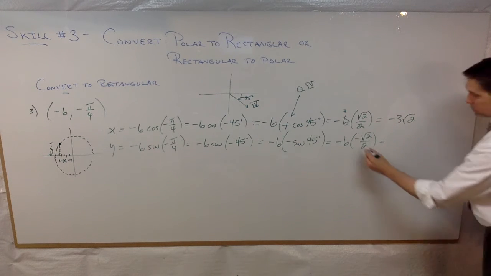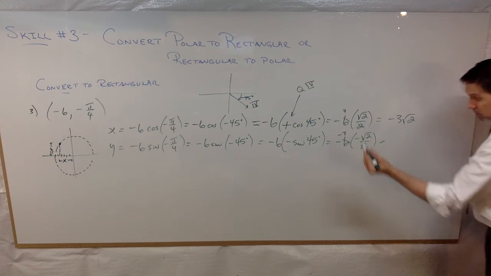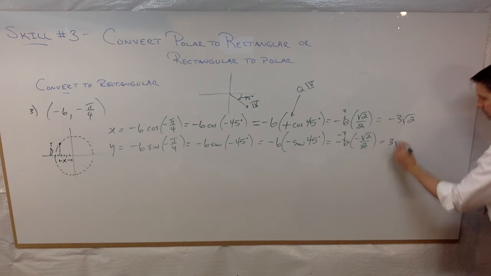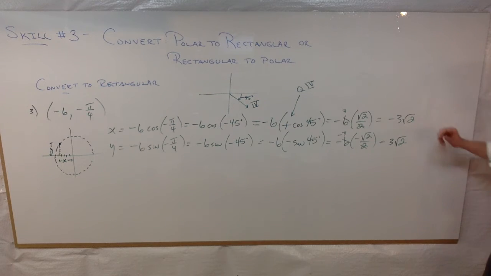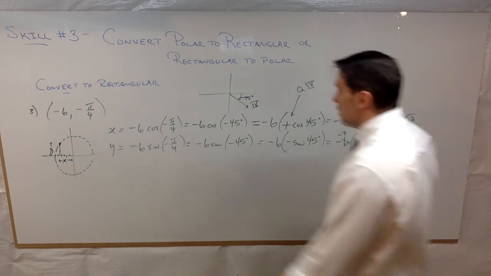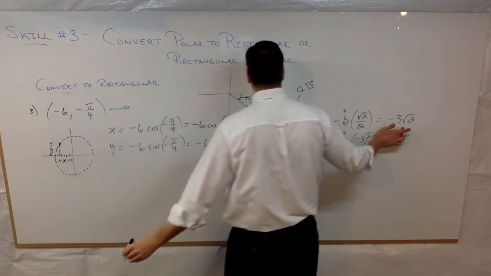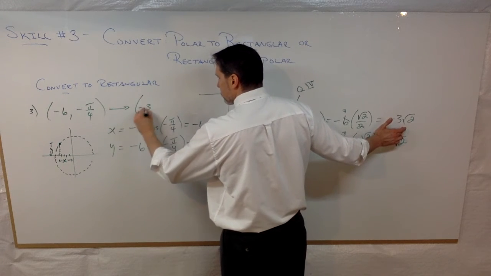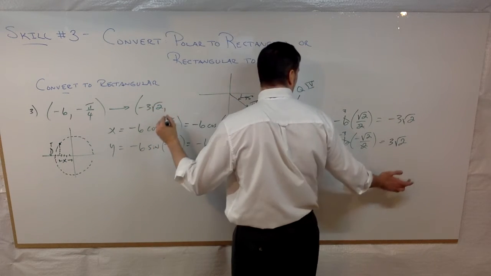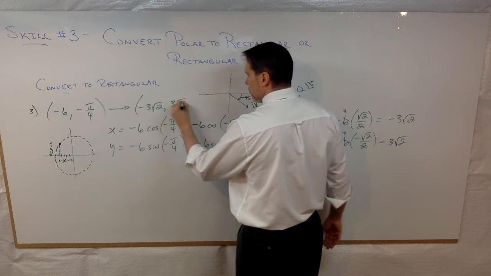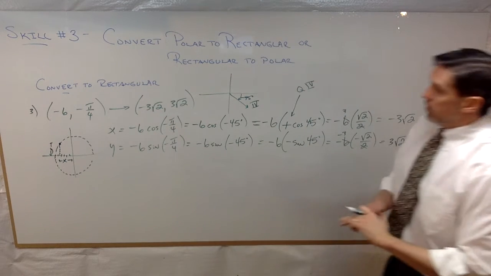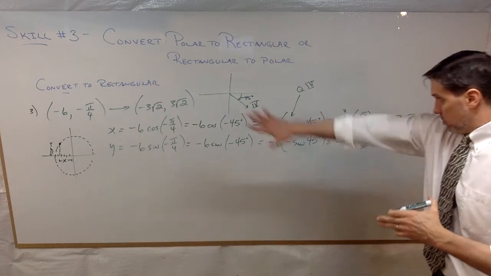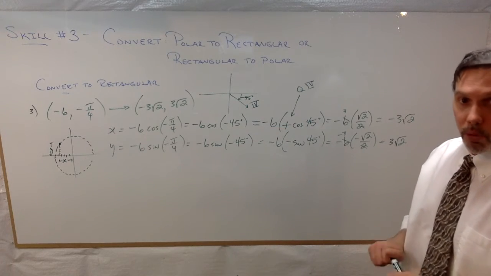And 2 goes into -6, -3 times. -3 times -3 square root of 2 is +3 square root of 2. So as we thought, we are in quadrant 2: a negative x coordinate and a positive y coordinate, 3 square root 2. And there you go, that will produce that same polar coordinate.